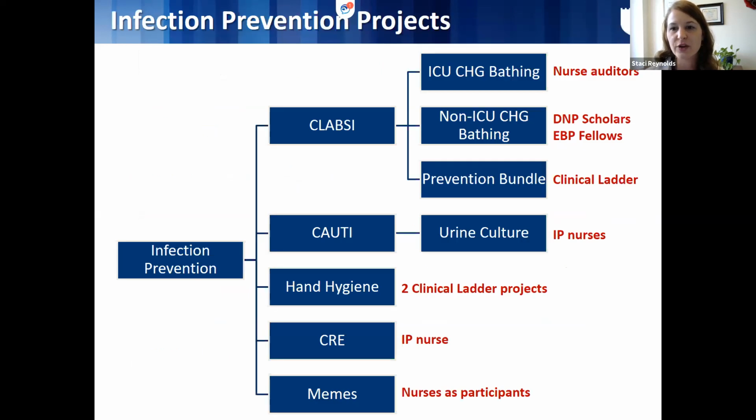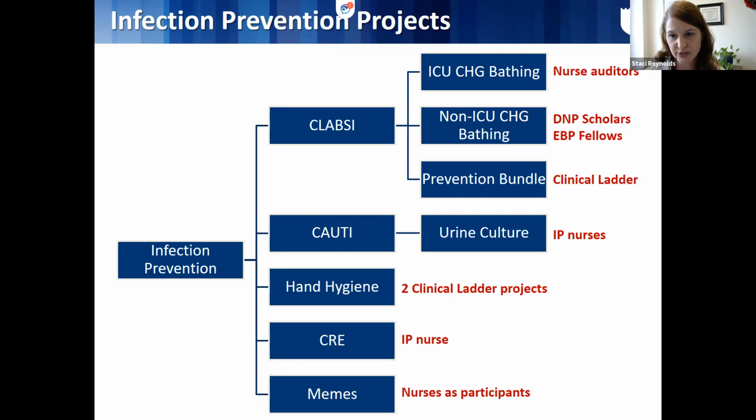And I wanted to end with an overview of some of the different ways I've included nurses in projects and research. Specifically in infection prevention, I've used staff nurses as auditors as part of a bigger implementation science study. I've used the structures in place of the DNP scholars and EBP fellows. There are several clinical ladder projects, and I've partnered with several nurses who are just really interested in research.